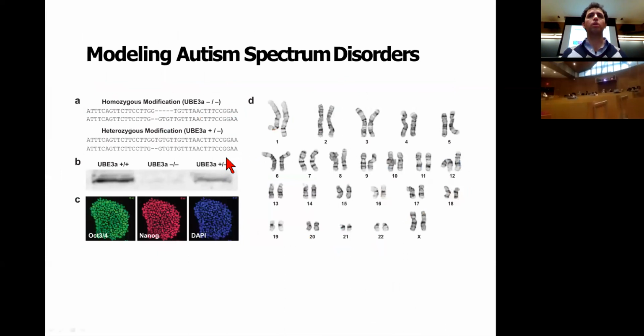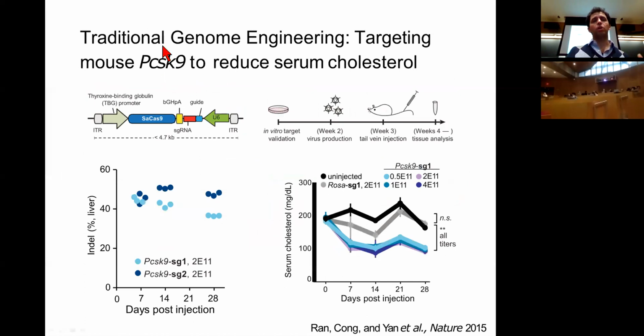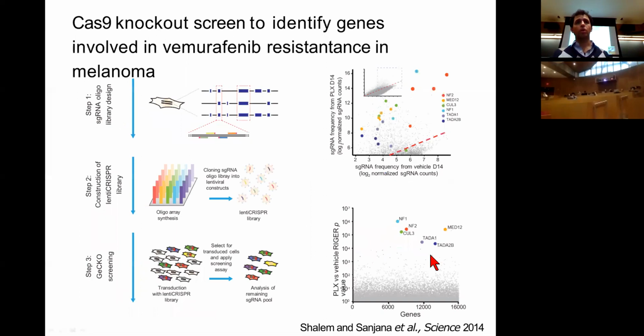You can use that to model autism, for example. You can carry out mutations that recapitulate autism in specific alterations. You can target, for example, PCSK9 to reduce cholesterol. You can target that in a mouse and then show that indeed cholesterol is dramatically reduced. You can also use screens with Cas9.